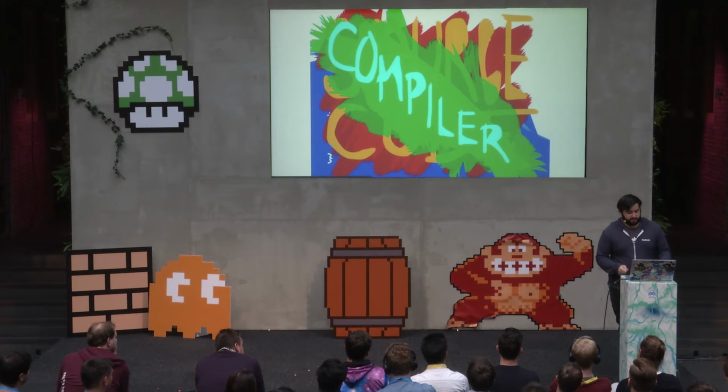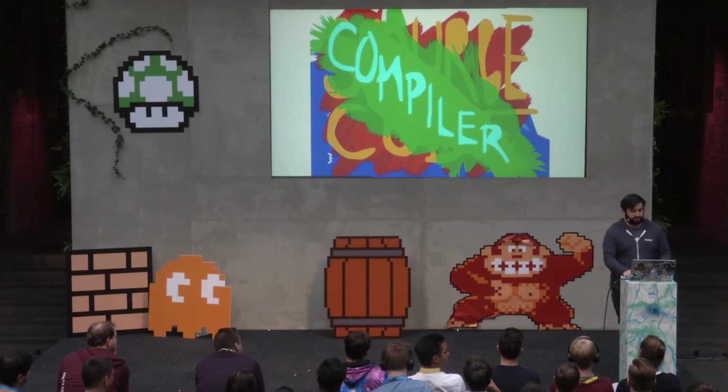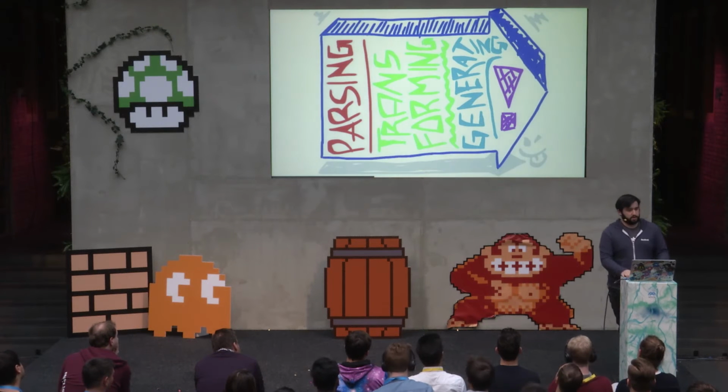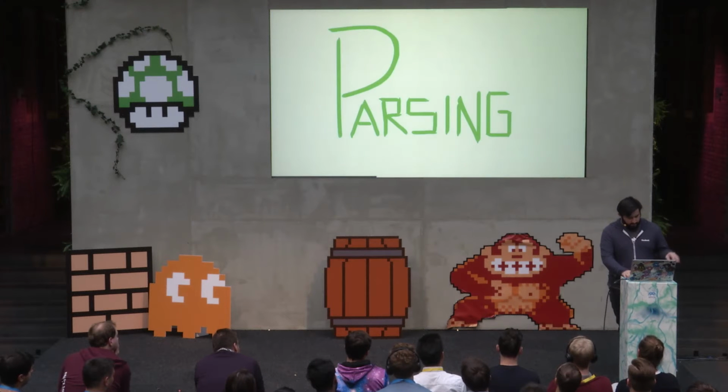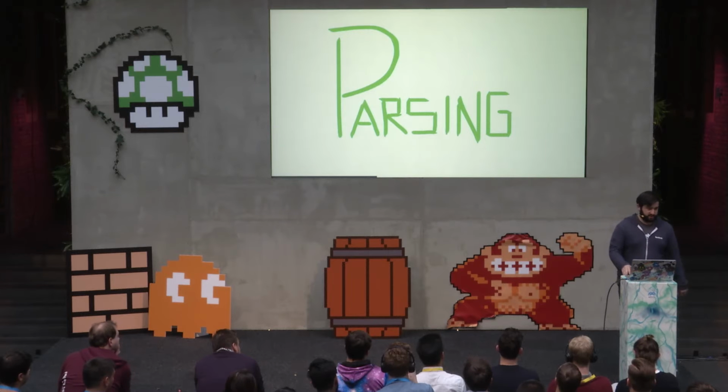Since compilers are doing complicated operations, they have to be broken down into a couple different stages. These stages vary compiler to compiler, but they all fit within three primary groups: parsing, transformation, and code generation. Parsing is taking raw code and turning it into a more abstract representation.